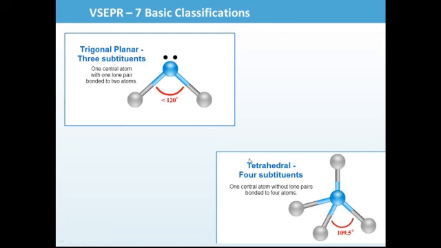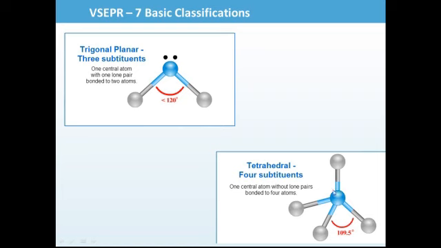The next basic classification we see is tetrahedral. Tetrahedral is the molecular geometry we see when we have a total of 5 atoms. We have one central atom, and then we have 4 atoms bonded to it. The blue is our central atom, and then we have 1, 2, 3, 4 atoms bonded to it.